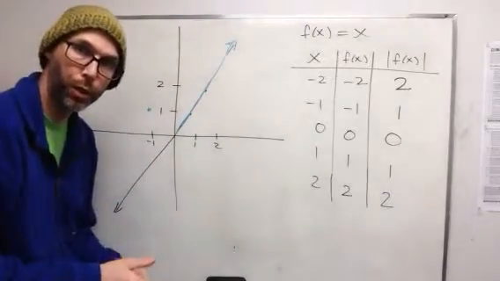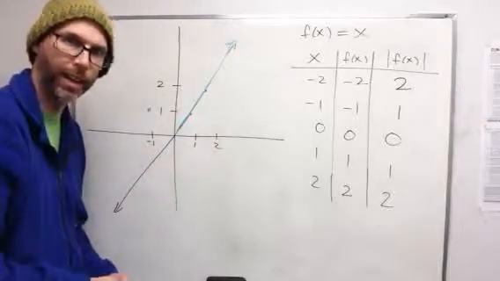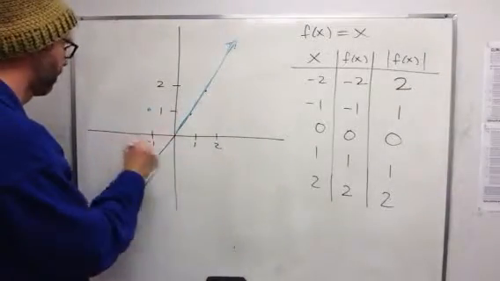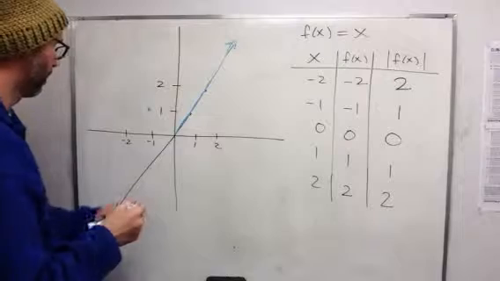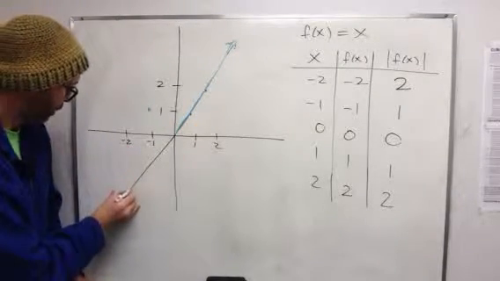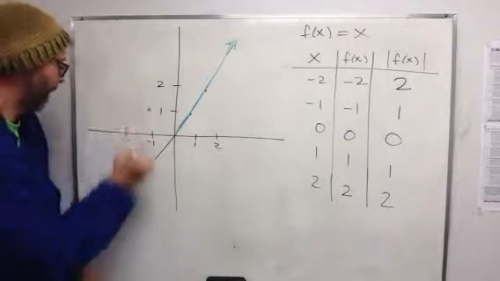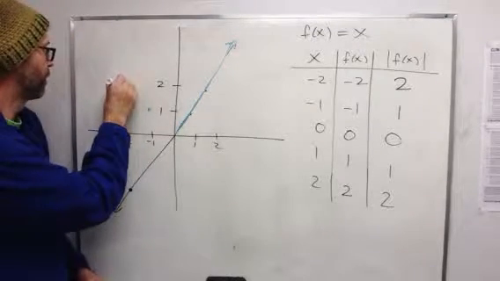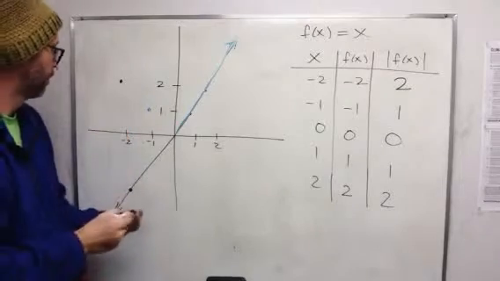Same thing with -2 and all the other negatives. F of -2, absolute value of that is +2.